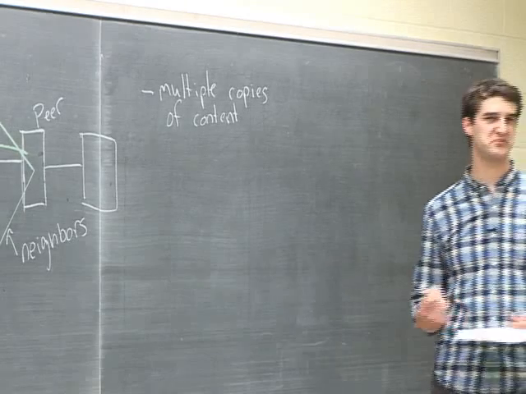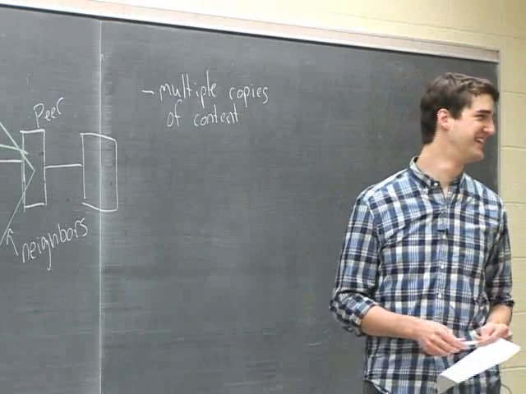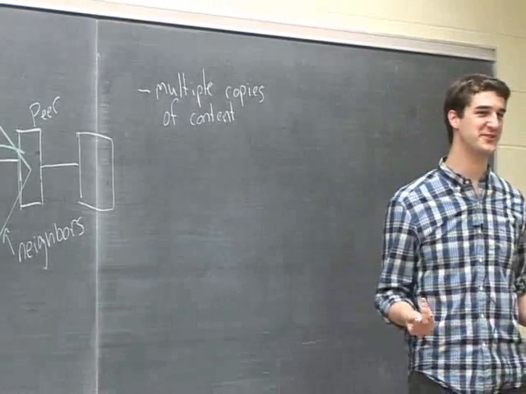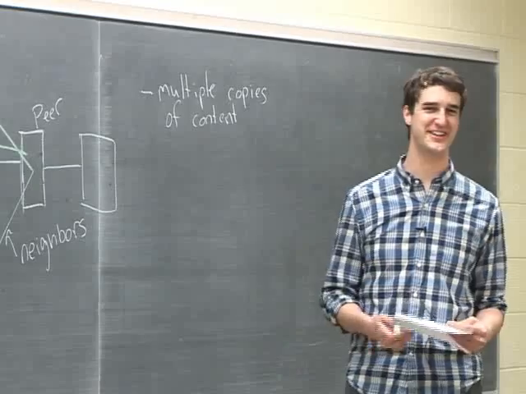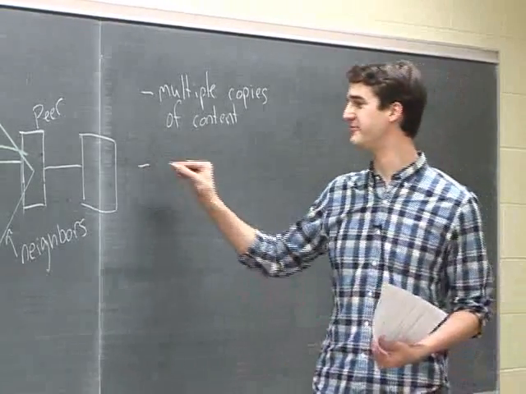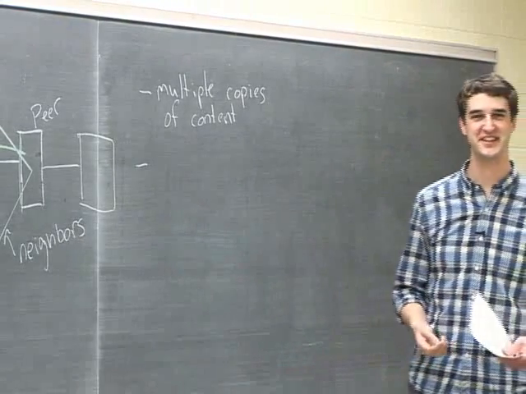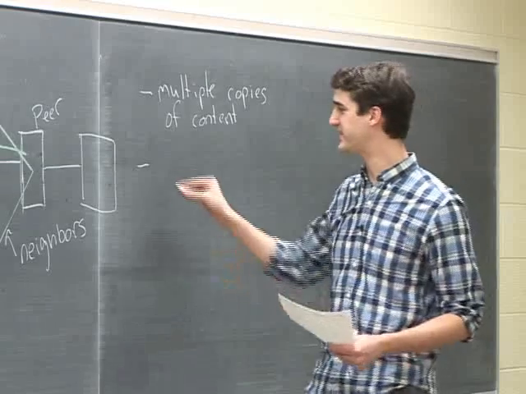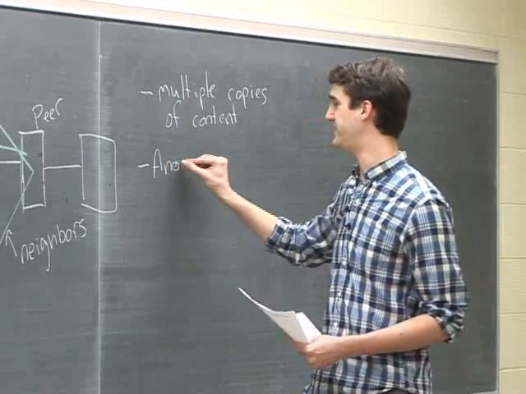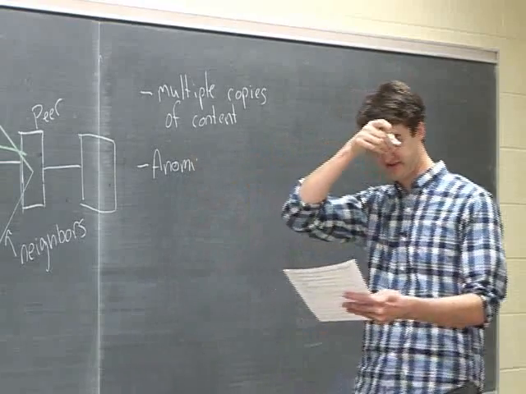So what do most people use peer-to-peer for these days? Yeah, so for illicit purposes, essentially. One major reason they're useful for downloading illegal content and these things is because they provide anonymity. I don't know if I can spell this word right.